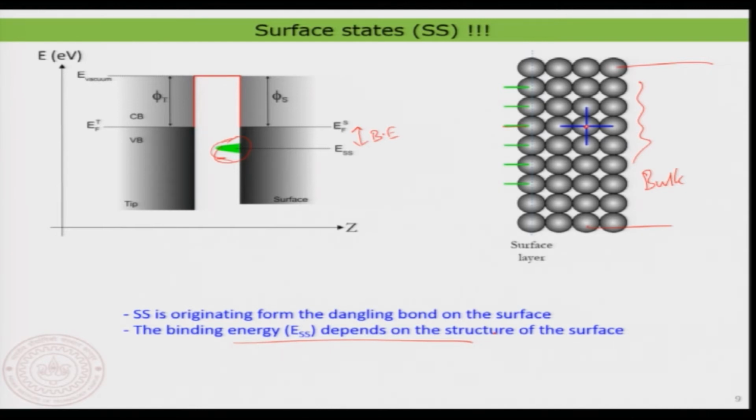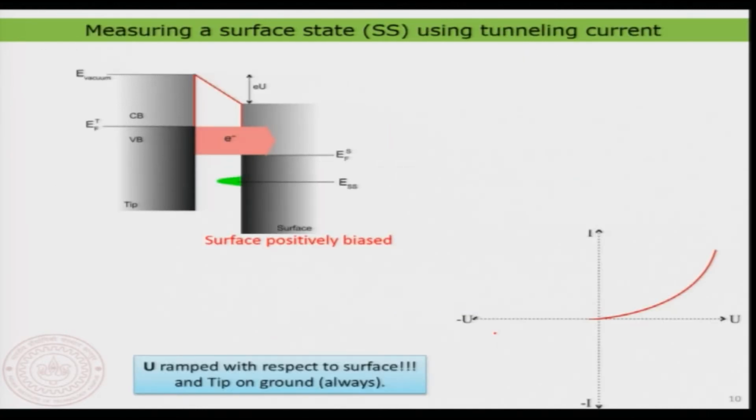Now, using this surface state, I am going to do tunneling spectroscopy. Let us take this particular case where I have the tip and the surface, or the sample, having a particular surface state, and the surface state has a given binding energy, which is this magnitude here, as we have seen. Now, what I do is measure a current-voltage characteristic.